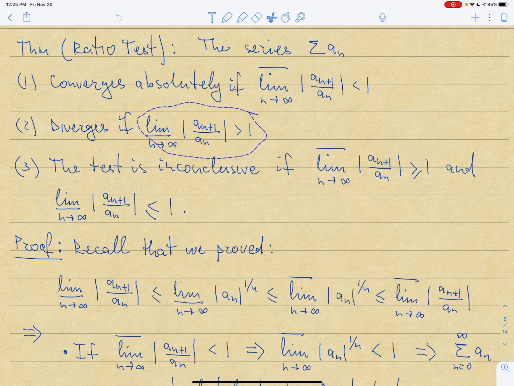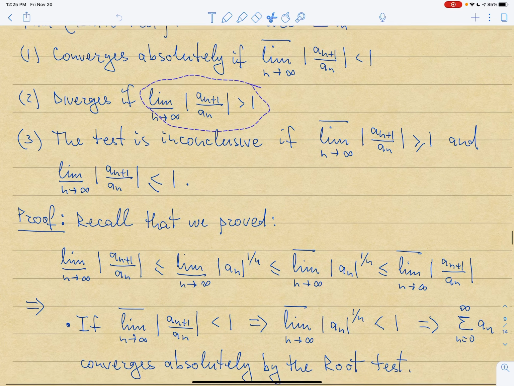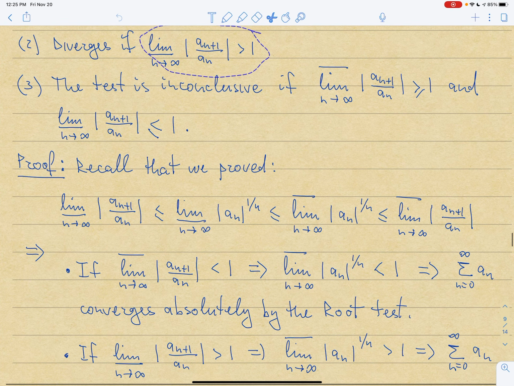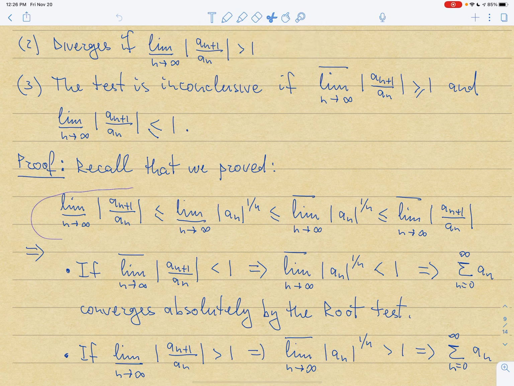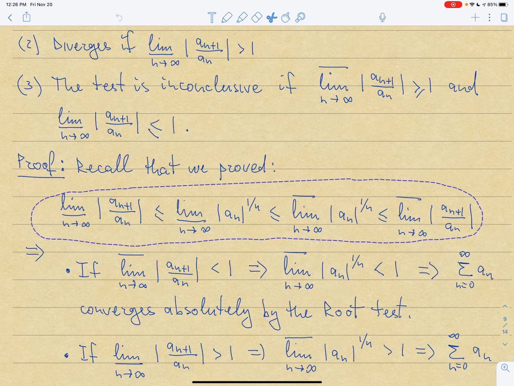And the most important thing in the proof of the ratio test is this result that we proved a few lectures ago. If you take lim sup of |a_{n+1}/a_n|, this is always going to be greater or equal than lim sup of the nth root of |a_n|.